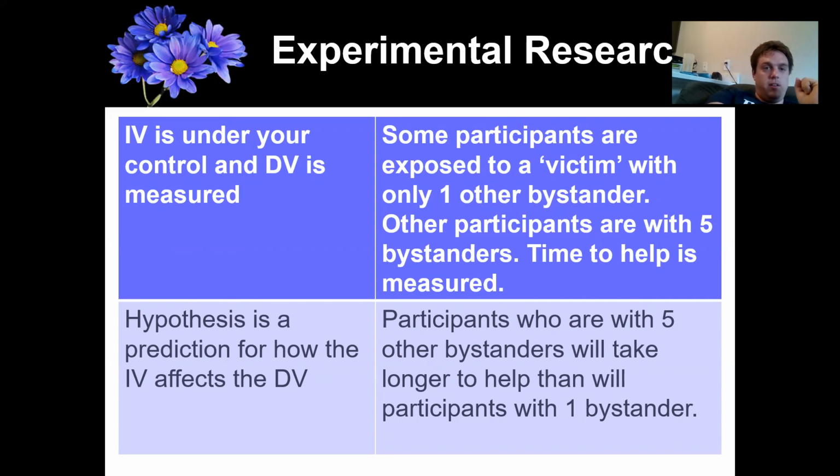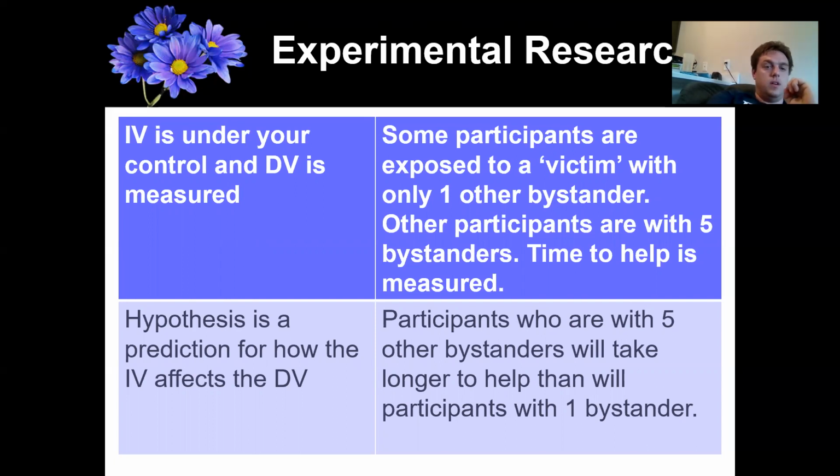If I wanted to test that idea, that having fewer people around means you're more likely to get help, well, then, of course, the independent variable there is going to be the number of people around. However, you're going to manipulate that. The dependent variable is, say, time to receive help.